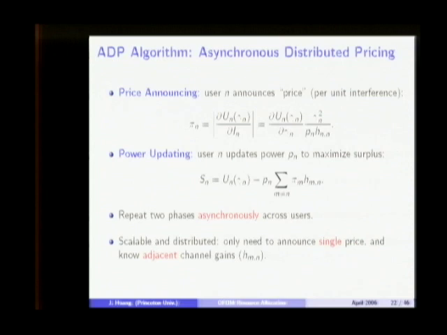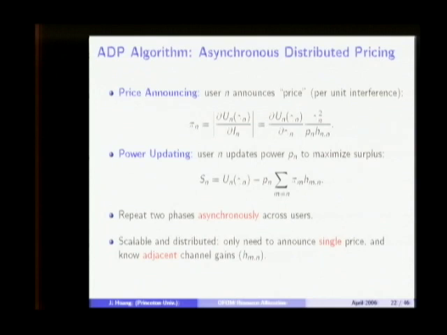Then in the second phase, the power updating phase, after everybody calculates their price and broadcasts it to the network, user n updates its transmission power to maximize the surplus, which is defined as the difference between the utility function and the payment to the network. This payment is a product of the transmission power and a weighted sum of the prices from other users.